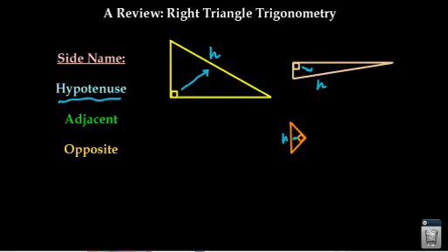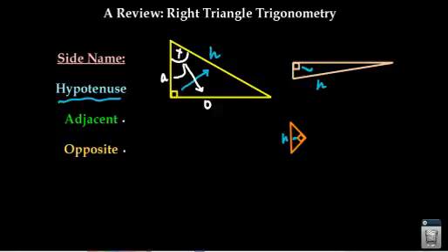Okay. The ones that are variable are the adjacent side and the opposite side, and those depend on what angle you're using. So for instance, if I choose to use this angle and we'll call it x, my opposite side is opposite of this angle. So that would mean that this is my opposite side and this is my adjacent side.